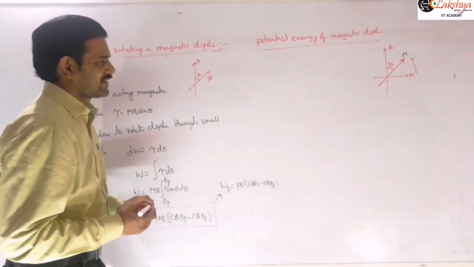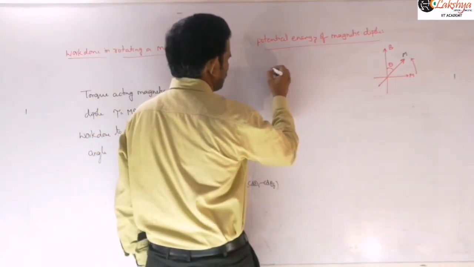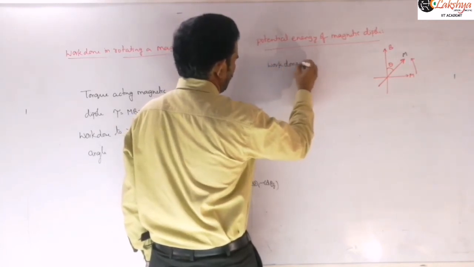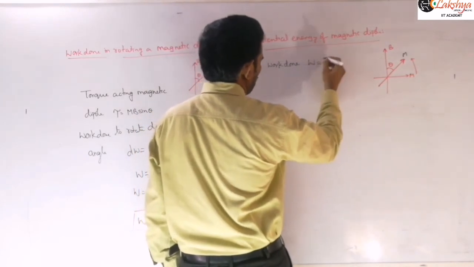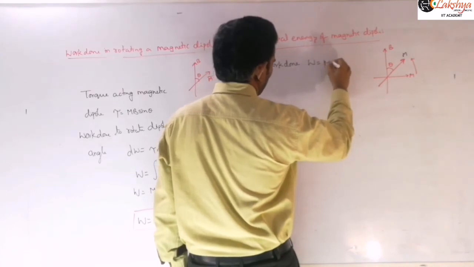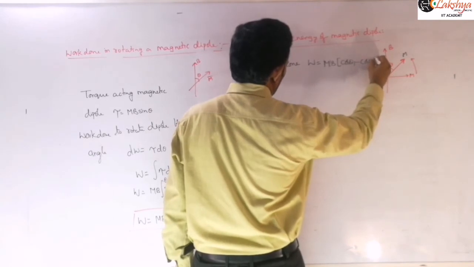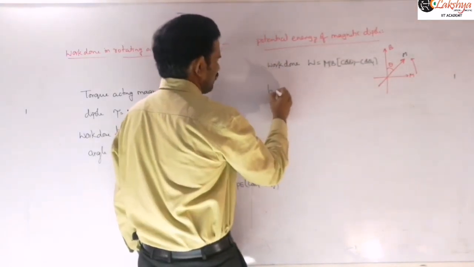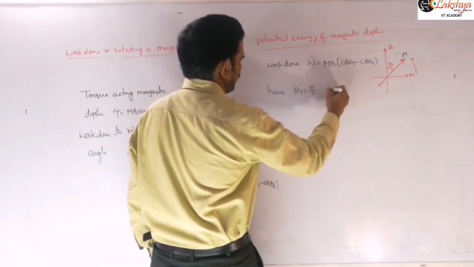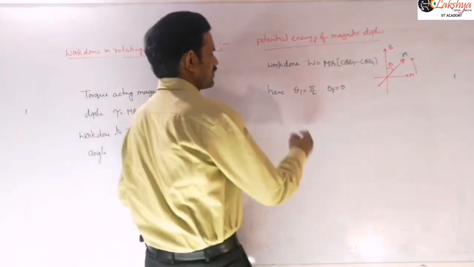Therefore potential energy equals work done, W is equal to mB times cos theta initial minus cos theta final. Now for our definition, theta initial is pi by 2 and theta final is any angle theta, so from 90 degrees to any angle theta.